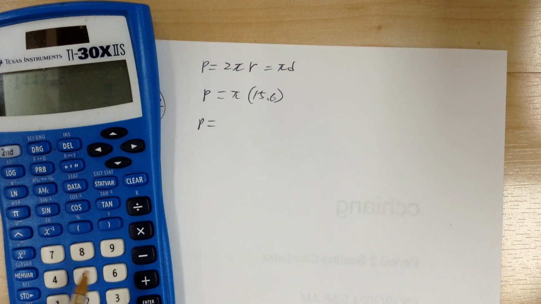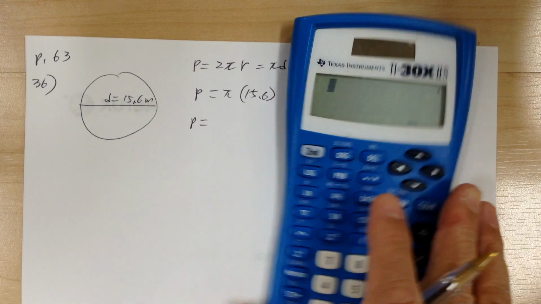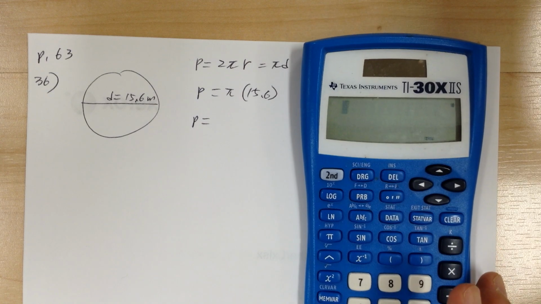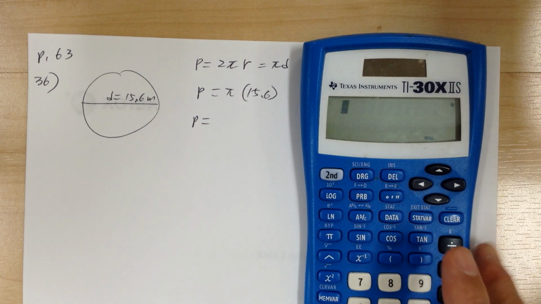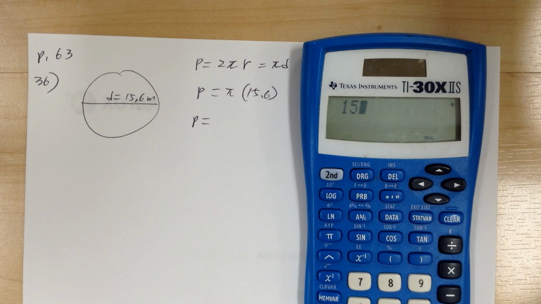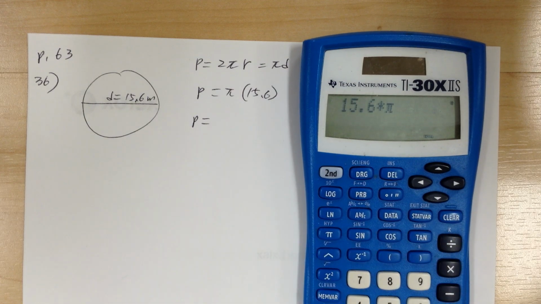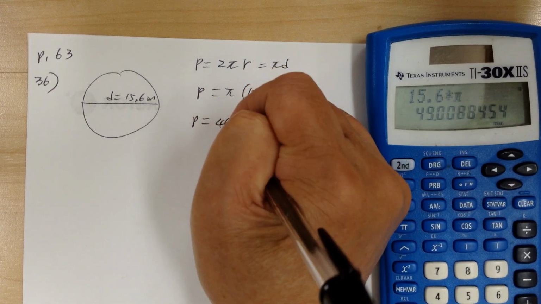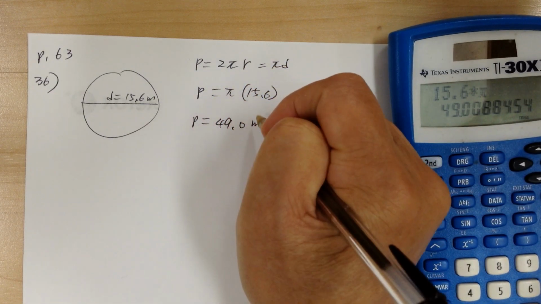So get your calculator. Looking for my pi button. Okay, so 15.6 times pi, equals, so to the nearest tenth, this would be 49.0 meters.